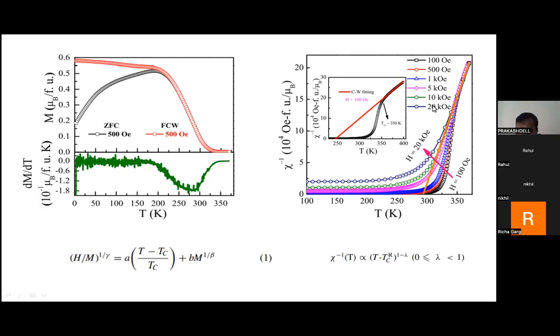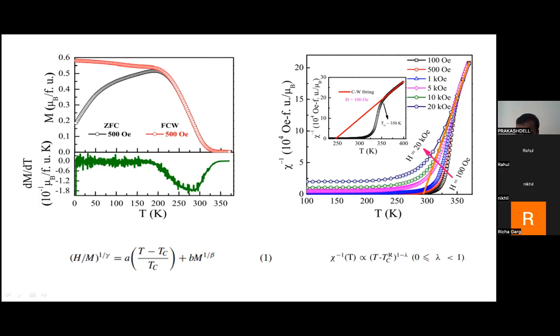Now what do you do? You apply the FC warming. Now you can clearly see this intercept is reduced, and there is no more intercept here. This inverse susceptibility plot has been measured at 20 kilo oersted, and this is at 100 oersted. You see this intersection is no longer possible here.